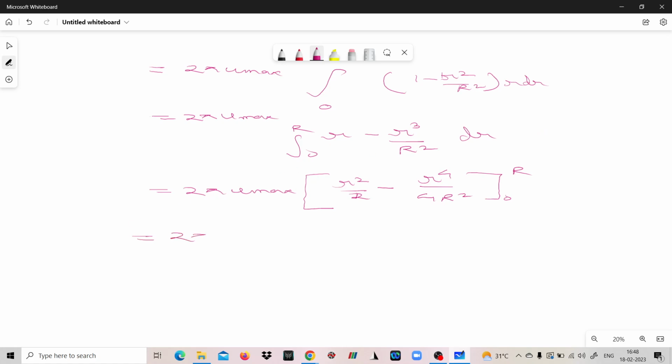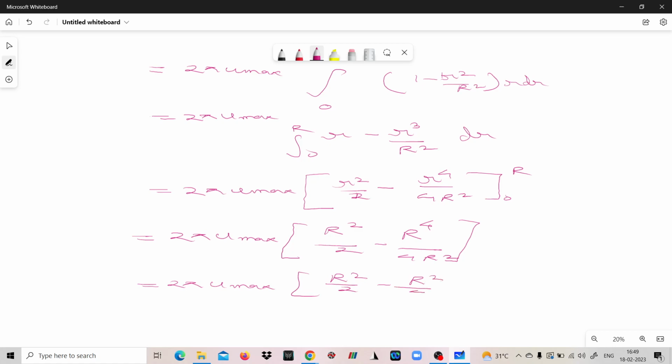Equal to 2 pi u max. Now if you put the limits of integration, it will be R square by 2 minus R 4 by 4 R square. If you put 0 here, it will be 0, so there is no need of writing the lower limit of integration. So 2 pi u max, it will be R square by 2 minus R square by 4.